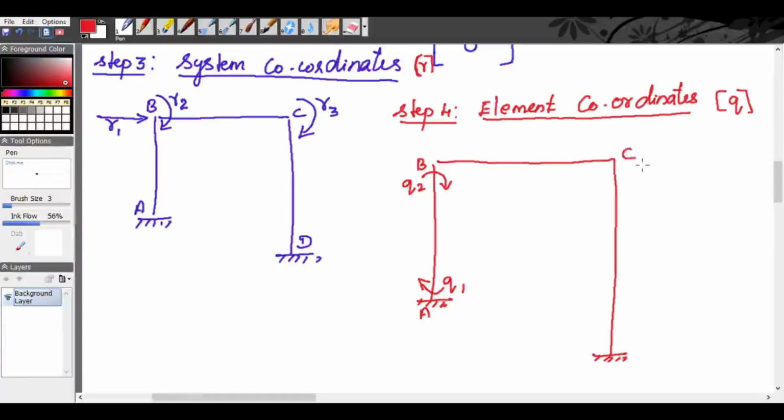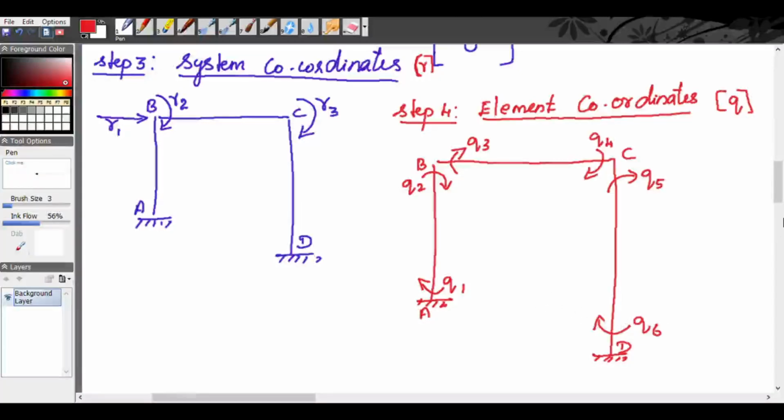In the element BC, we have clockwise moments q3 and q4. Along the column CD, we have clockwise moments q5 and q6.